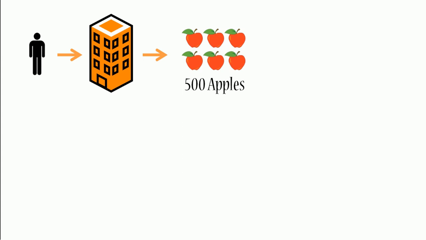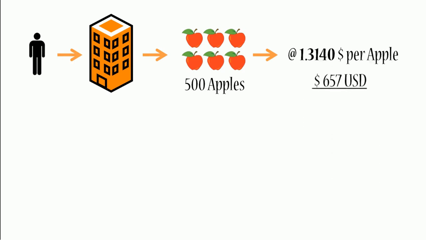So you borrow 500 apples from your broker, and you then take these apples to the Forex market and you sell them at $1.3140 per apple. And that gives you, in return, 657 US dollars.